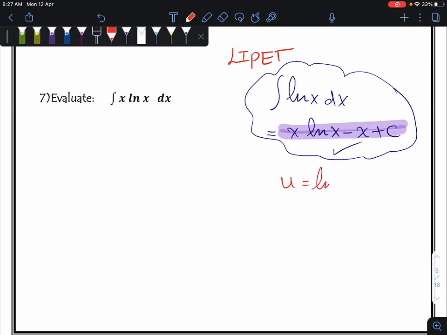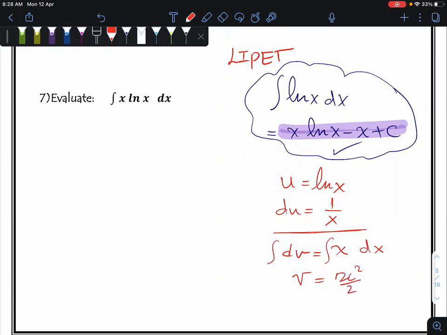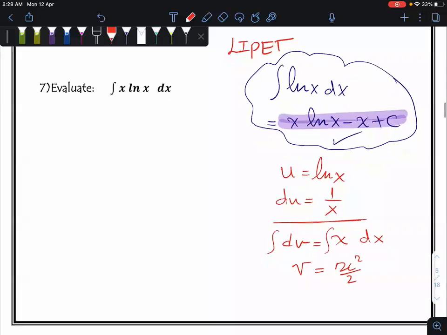So u should be ln x, and its derivative is 1 over x, and dv is equal to x dx. So v is x squared over 2, and then write the formula uv minus the integral of v du.